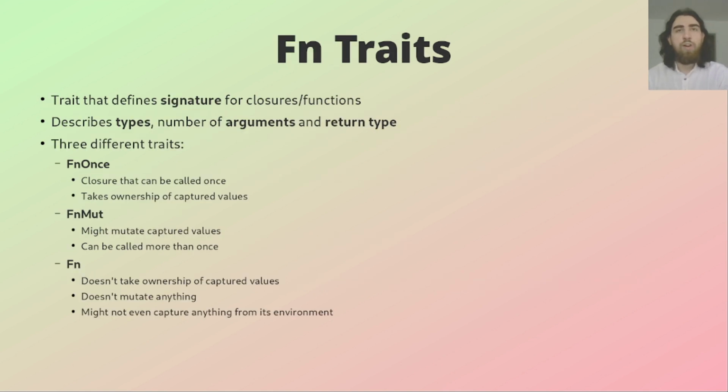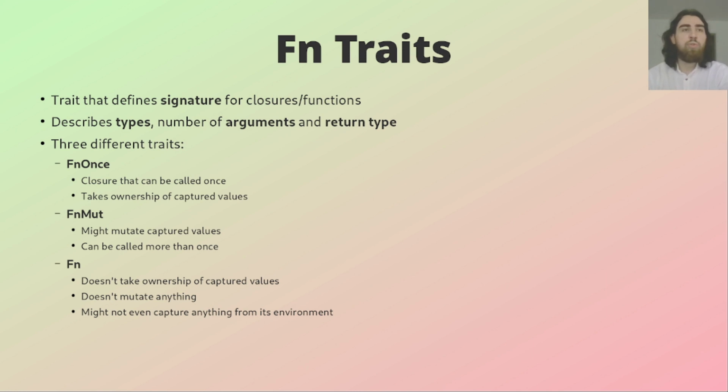So all functions and closures implement the Fn traits, and that is the trait that defines the signature for closures and functions. It describes the types, the number of arguments, and the return type. There are three different traits.